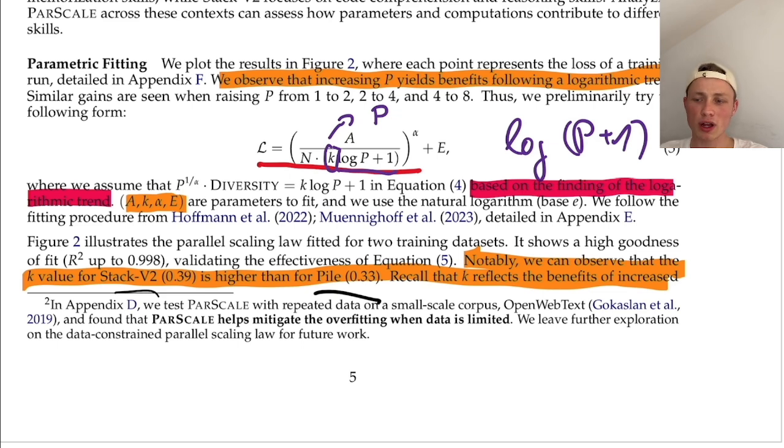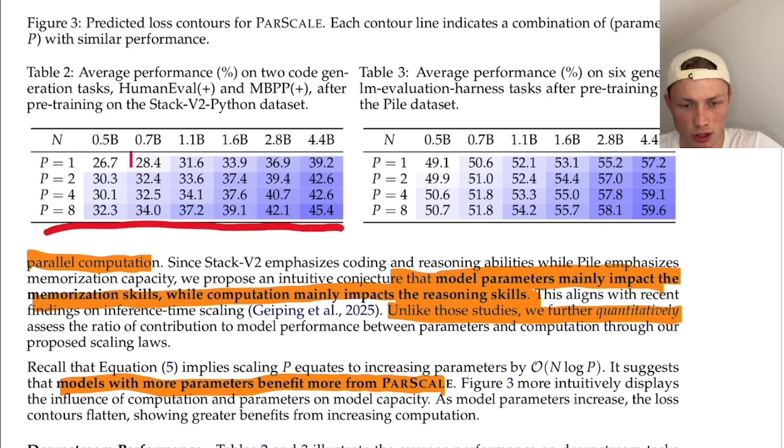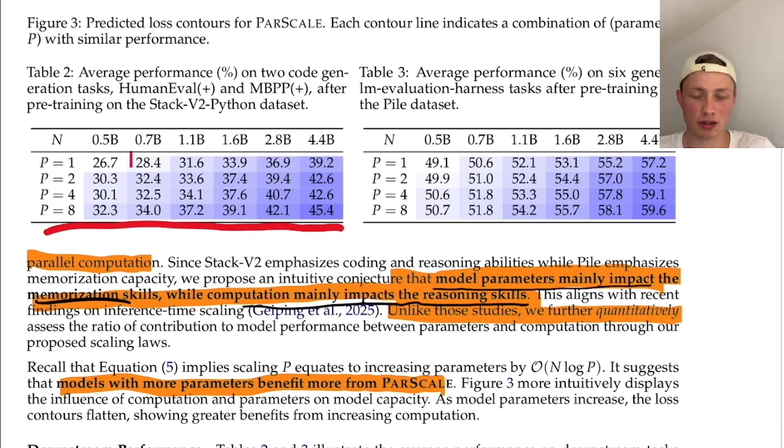And they found that the K value of Stack V2 is larger than for the Pile dataset, and K reflects our parallel computations, and therefore they're saying that model parameters mainly impact the memorization skills, while computation mainly impacts the reasoning tasks.